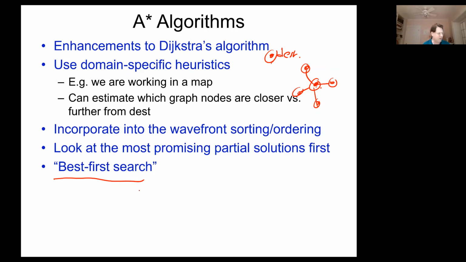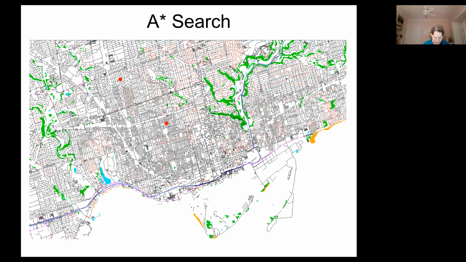Okay, and if I show you a quick picture of this, by sorting our wavefront, we want to make it explore preferentially towards our target, our destination. We're still going to do some exploration in the other direction. We can't perfectly say what we should look at next.